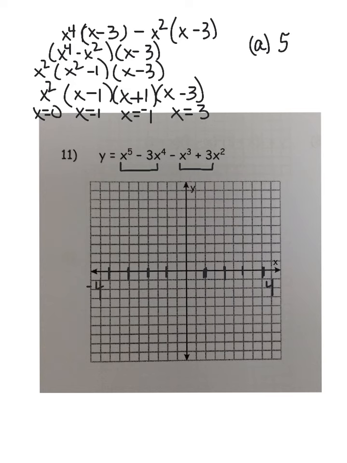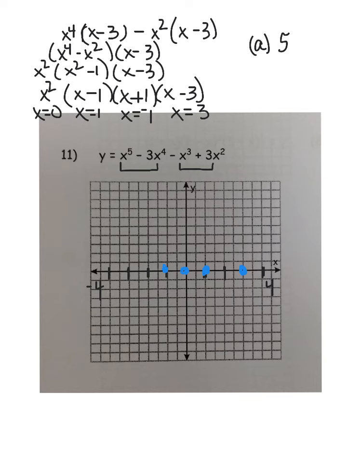Okay. Alrighty, so let's get our zeros. So we have x equals 0, so we don't have to find a y-intercept because there it is. Then we have x equals positive 1, x equals negative 1, and x equals positive 3.